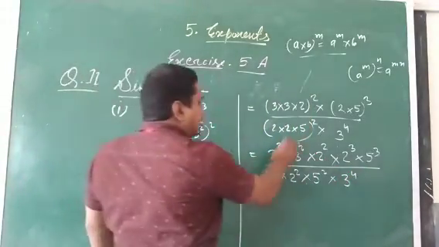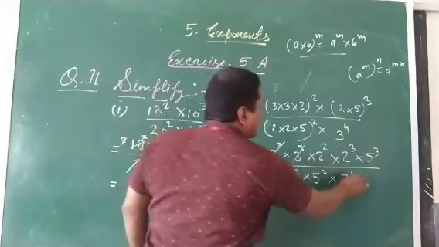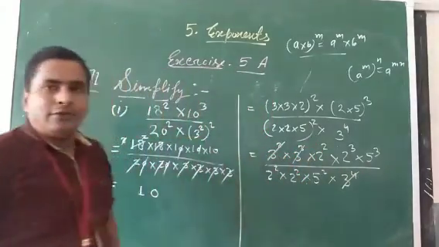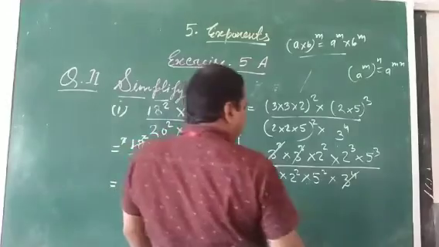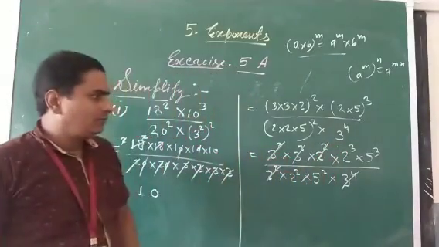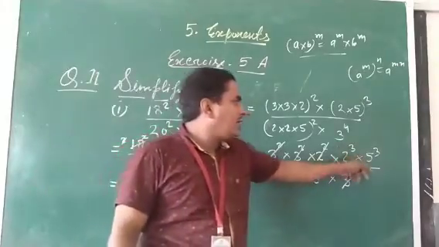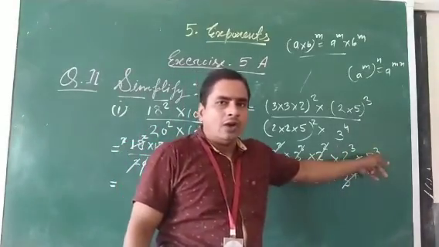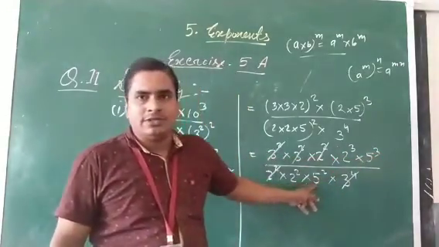So again you can cancel 3 power 2, 3 power 2 by 3 power 4, and 2 power 2 cancels by 2 power 2. But 2 power 3 and 5 power 3 will not cancel with these two terms.